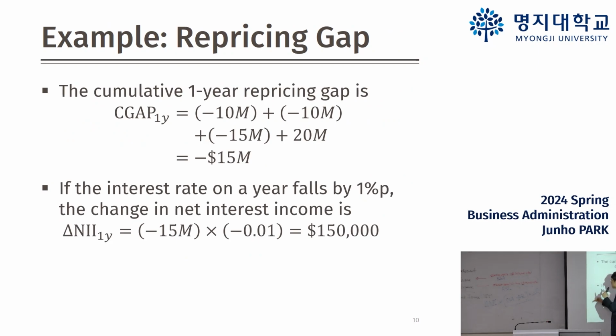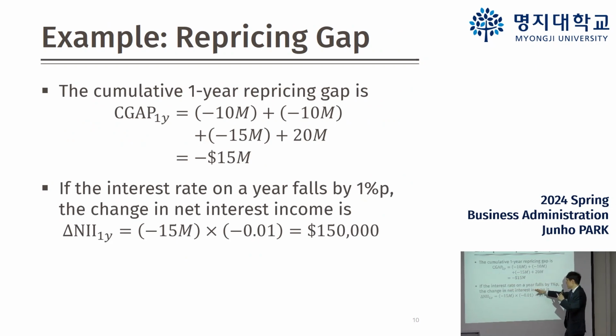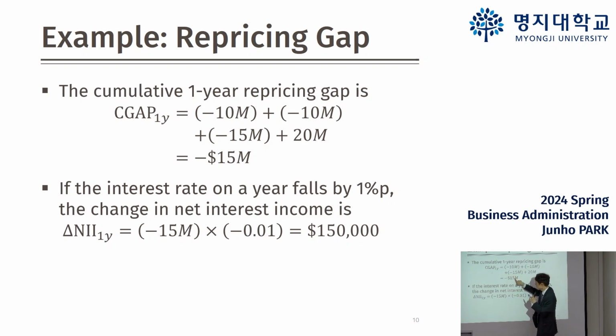And if the interest rate falls by 1% point, then the change in the net interest income will be minus 15, which is the gap, times minus 1% point, so minus 0.01. So the change in the net interest income will be $150,000. So this is positive. So we are not expecting some negative shock.